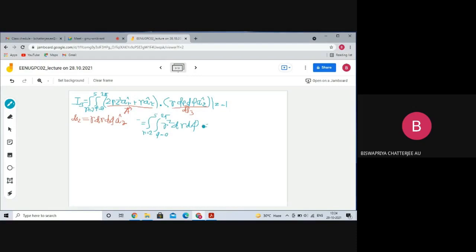So this will be r cube. Now if you integrate r square dr, it will be r cube by 3. So it will be 117 by 3 into 2 pi.